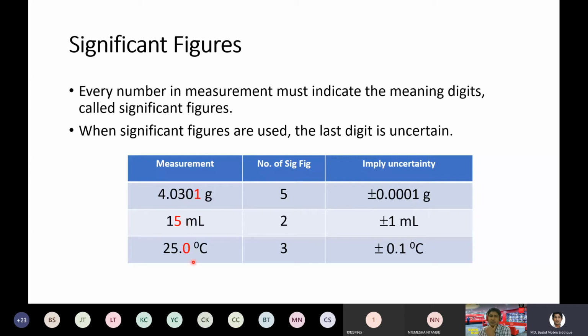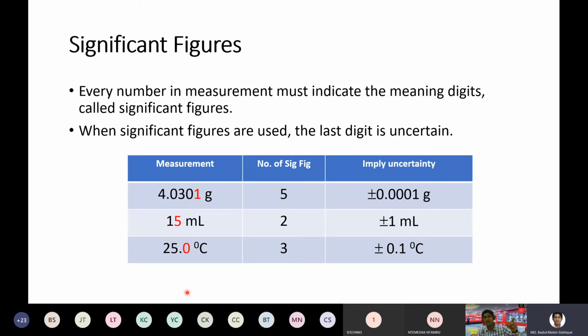However, for 15 milliliter, say you are giving 15 milliliter of water, or milk, or any other drink to your friend. Your friend does not expect it to be exactly 15.